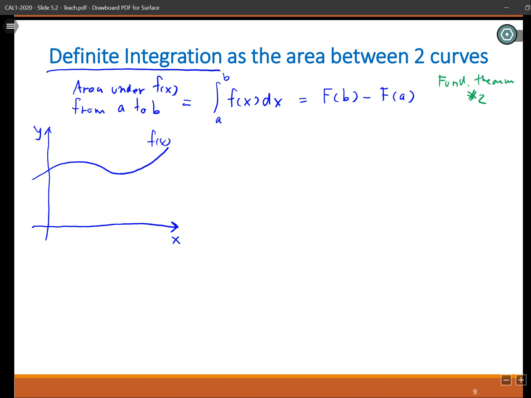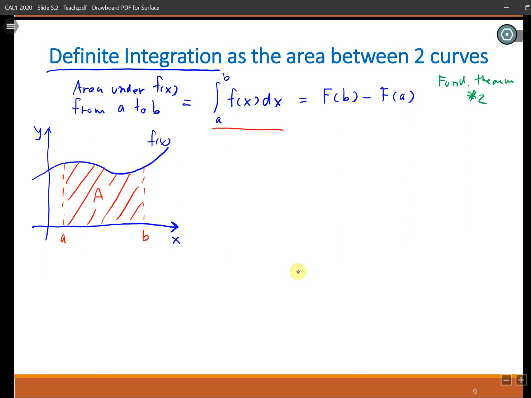And when it comes to definite integration, we have this starting point at x equal to a, and end point at x equal to b. And this definite integration is the area under this graph.